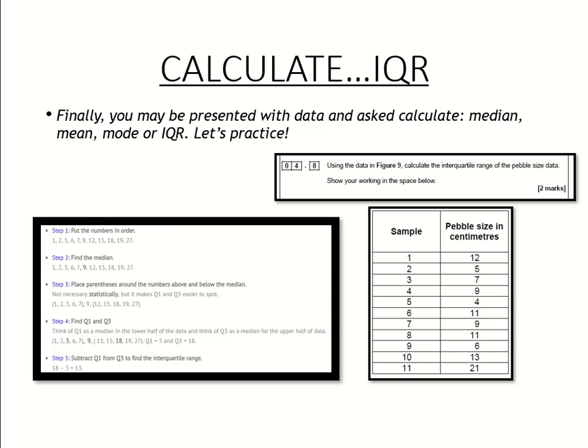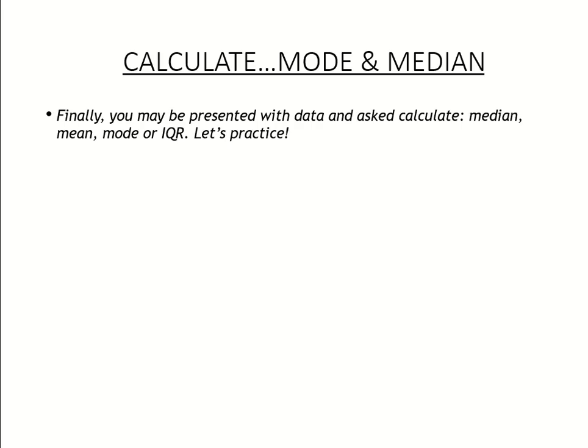I would find the median. I would then split them into the two groups above and below the median, and find their medians to calculate the interquartile range. If you'd like to have a go at this yourself, please do. But 12 is the upper quartile, Q3. 6 is Q1. So my interquartile range for that would be 6.